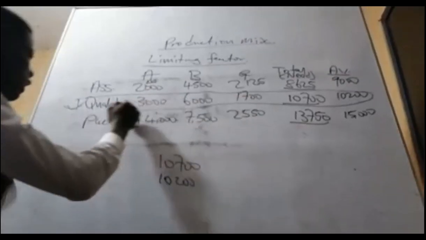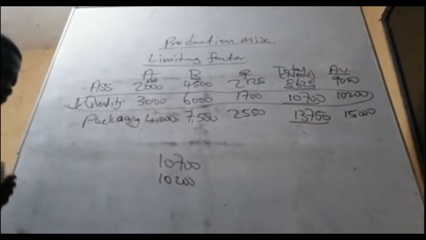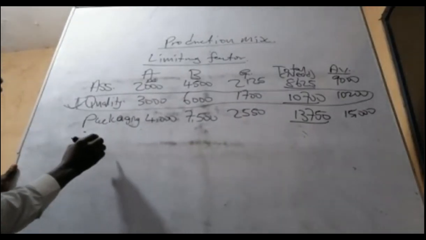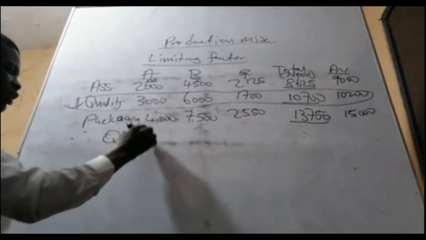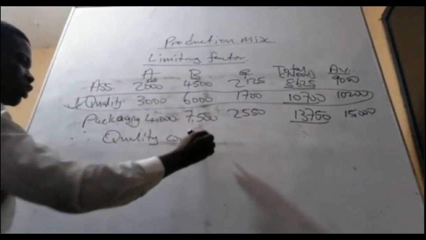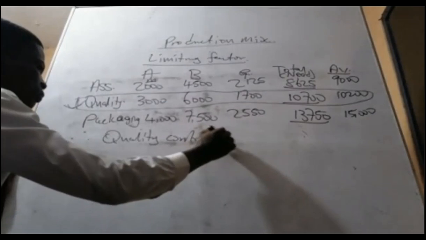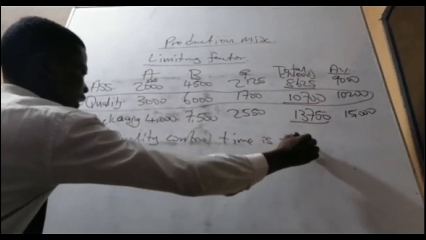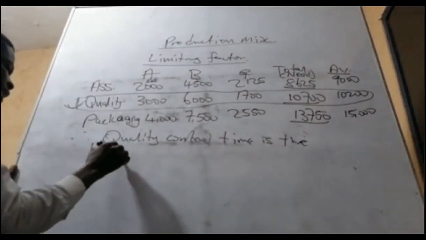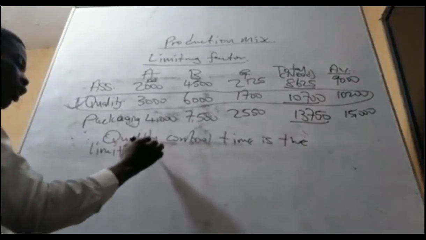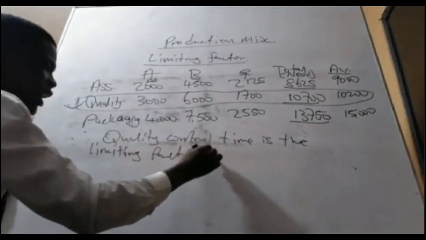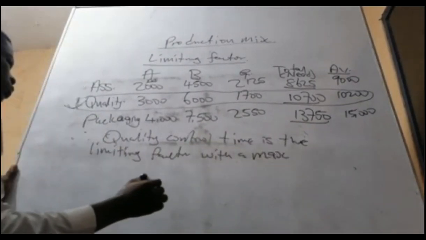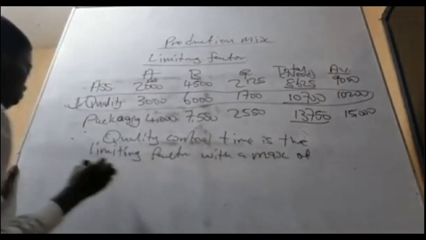So when you are done like this, from the above calculation, therefore, quality control time or machine is the limiting factor with a maximum of 10,200 minutes.